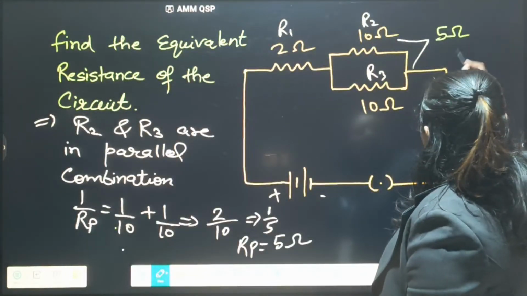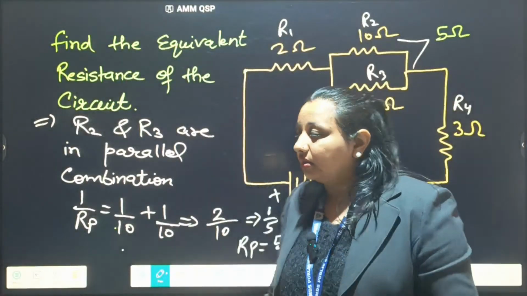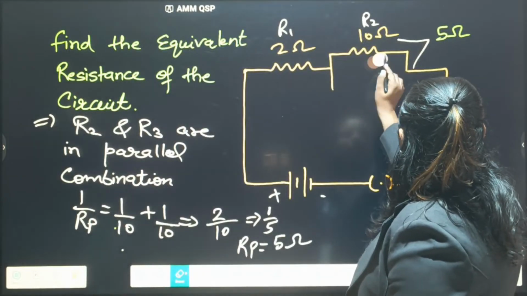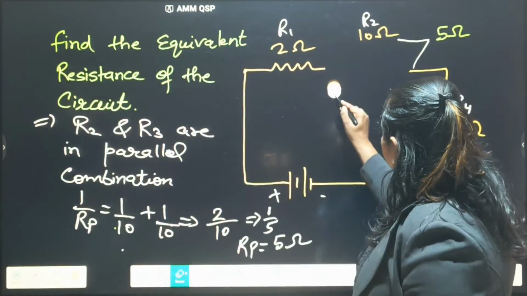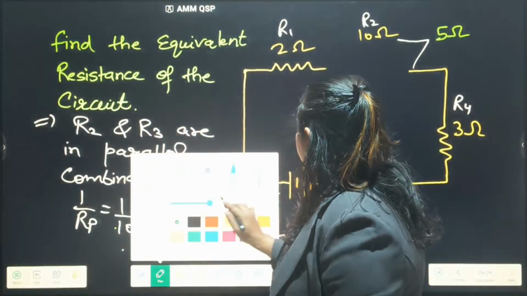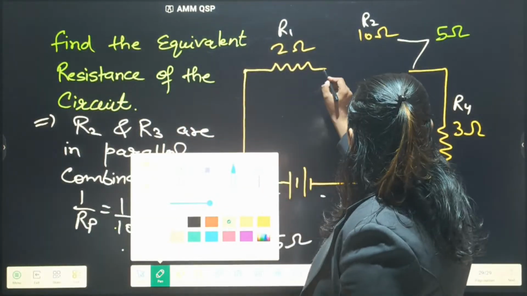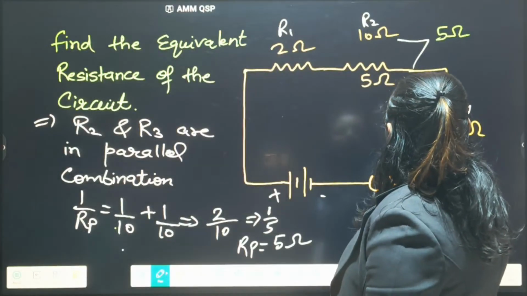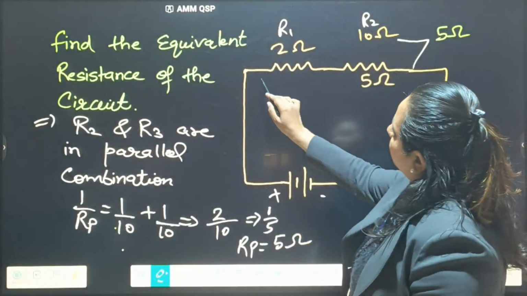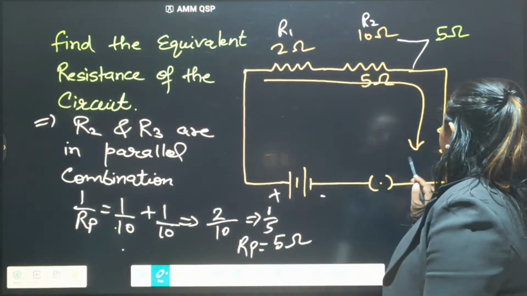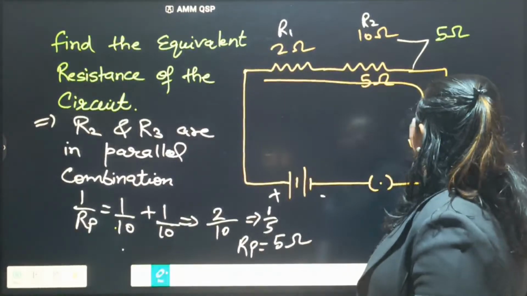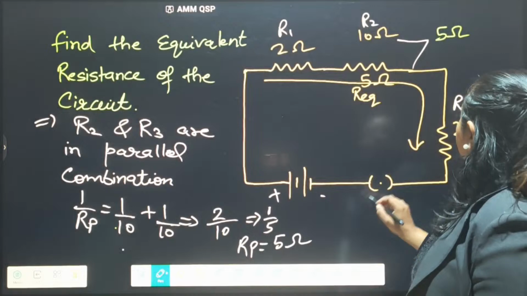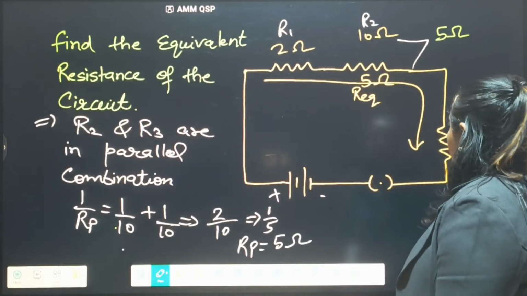You can redraw the diagram again. Like this, 5 ohm, so it is 5 ohm. Now the same current goes through these, so that means R1, the R equivalent, and R4 are in series combination.